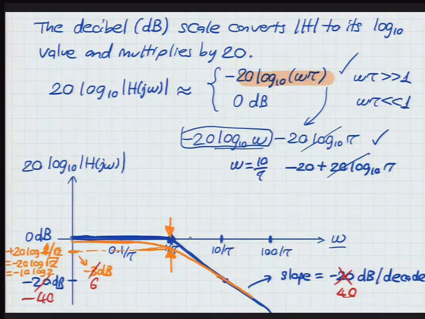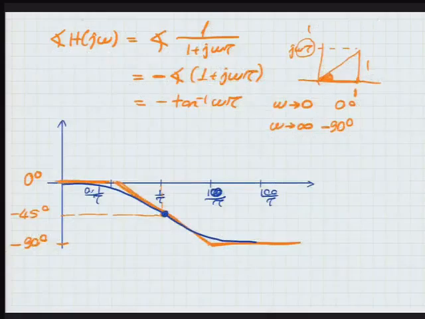You're just multiplying. What happens to the phase? Each pole contributes a negative 90. You have two of those, so you go down to negative 180. So again, you're multiplying this by 2. So this becomes 90 degrees. This becomes 180 degrees. Rest is the same. Okay?